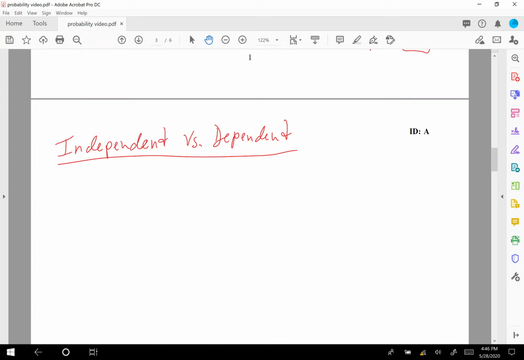So independent: one event does not affect the other. I think it's "affect." I always get this confused. Maybe y'all can tell me how to separate them more effectively. One event does not affect the other.